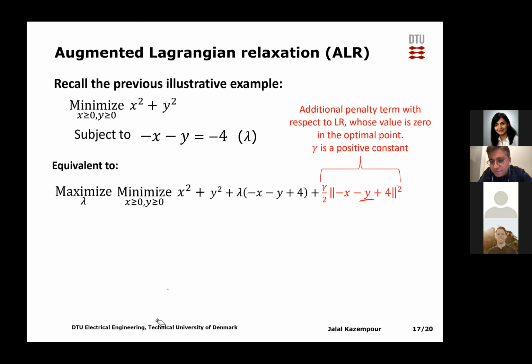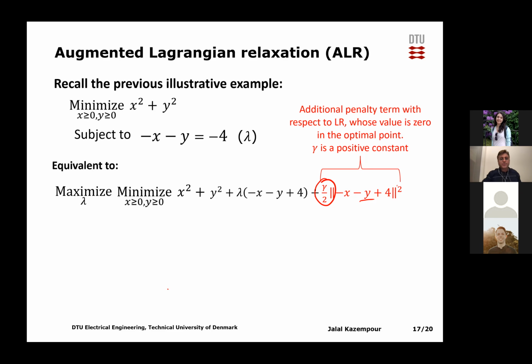Kelly said, sorry, I'm confused. We did not need to add the penalty term in this case. Here, in this case, you mean, Kelly? I mean the last term. For this example, it was not required. We could have applied the original Lagrangian relaxation, right? With this objective function, I mean. Yes.